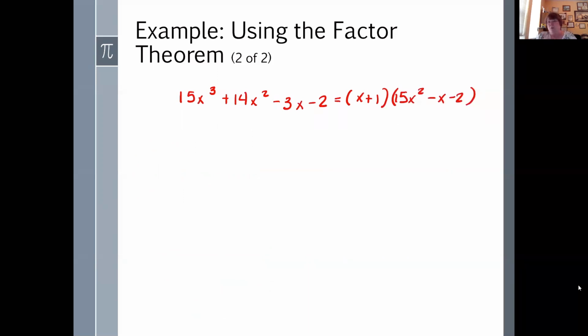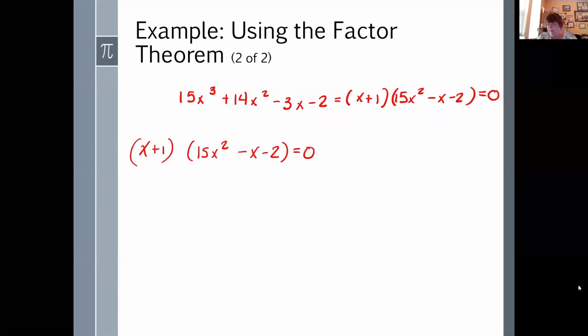Since when I divide this by -1, I get a remainder of 0, then x plus 1 is a factor, and the quotient is a factor. And we're solving the equation 15x to the third plus 14x squared minus 3x minus 2 equals 0. So now I have the equation x plus 1, 15x squared minus x minus 2 equals 0.